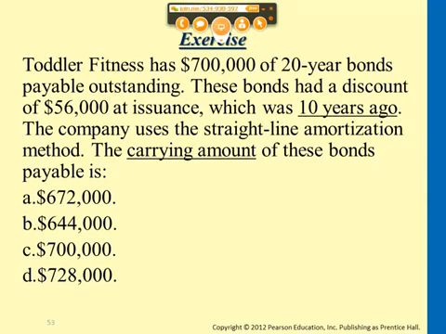So what is this amount here? It would be $644,000. So this is the carrying amount at the time of issuance. So what we want to know now is after 10 years of paying interest and amortizing discounts, what is the dollar amount 10 years later? The carrying amount of the bond 10 years later.